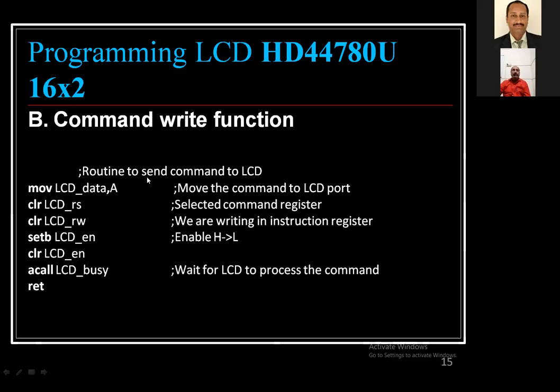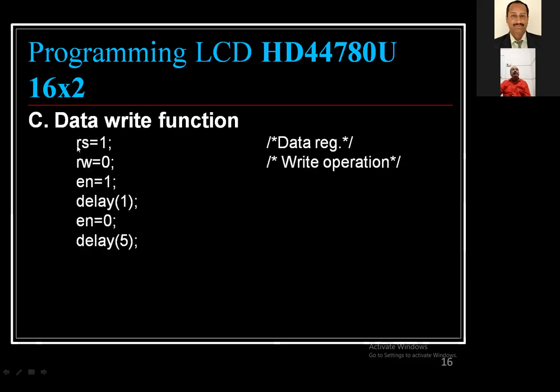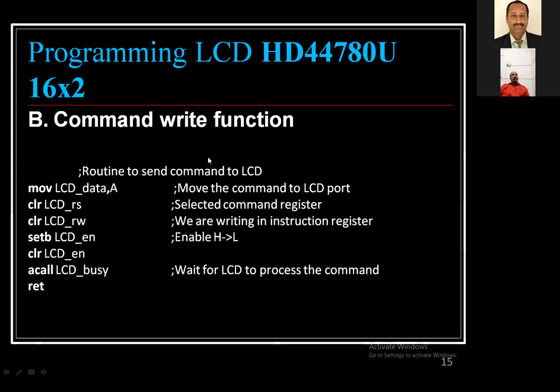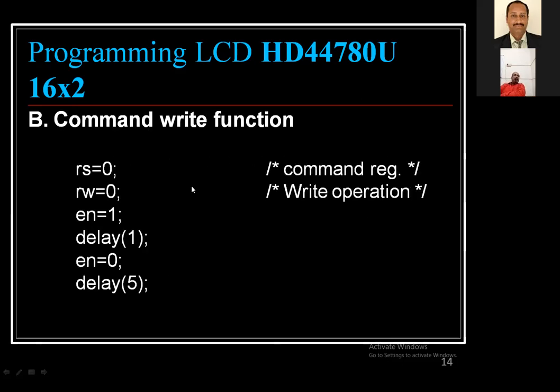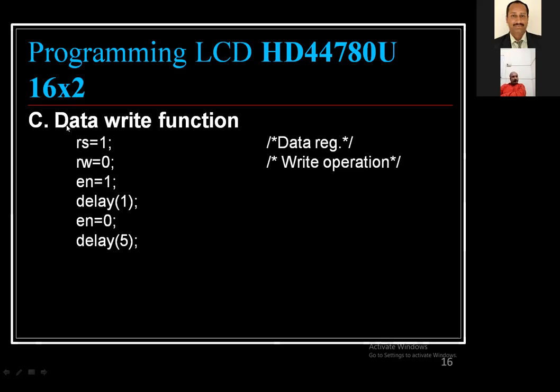From that the LCD comes to know whether it is in the second stage or the third stage. For the second stage it is command write, and for the third stage it is data write. Got it? So this is how it is going to be used.